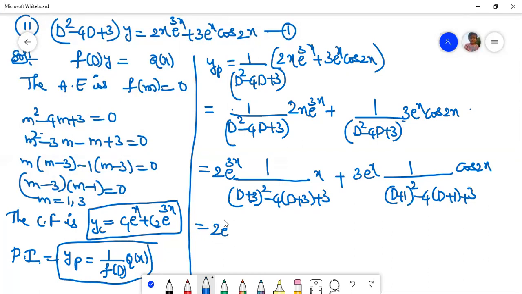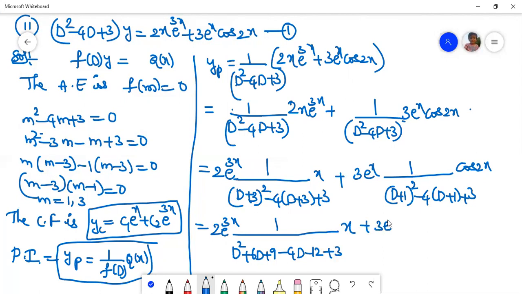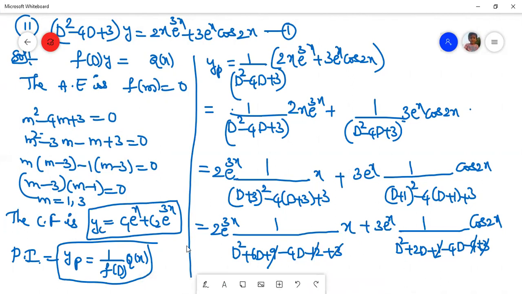It is equal to 2 e power 3x, 1 by expansion of a plus b whole square, D square plus 6D plus 9 minus 4D minus 12 plus 3, into x, plus 3 e power x into 1 by again expansion D square plus 2D plus 1 minus 4D minus 4 plus 3, in the numerator cos 2x function is there. 3 plus 1 is 4, minus 4 cancel. Here also 9 plus 3 is 12, minus 12 get cancelled.